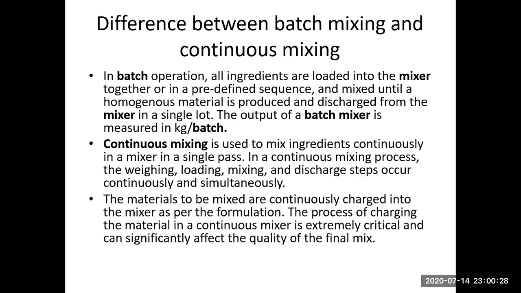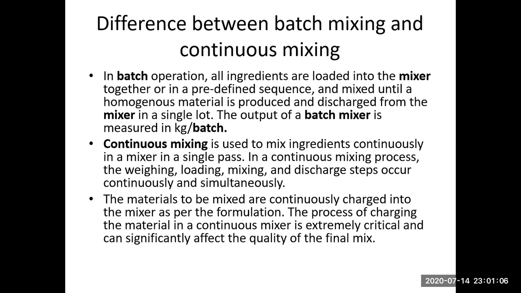In batch mixing, 100 cakes are prepared, then another batter comes with 100 cakes. But in continuous mixing, it goes continuously: 100 after 100 after 100. The machines stop only when your production for that day stops. Without that, it goes continuously. That is the difference between batch and continuous mixing.